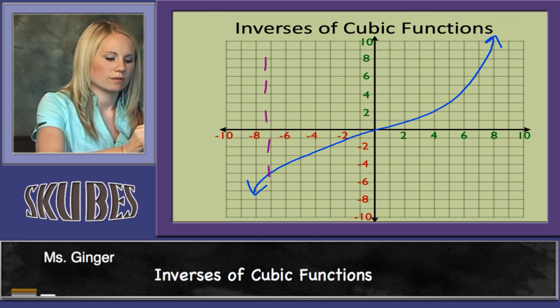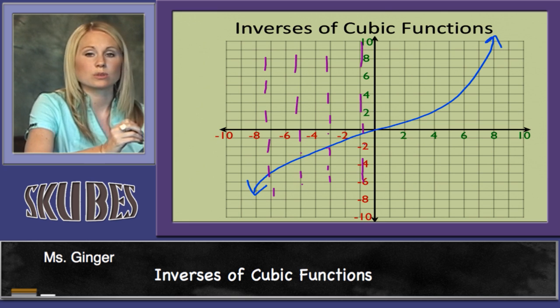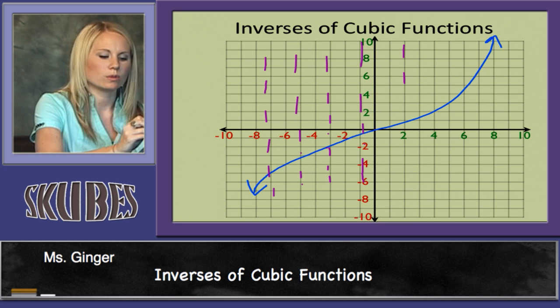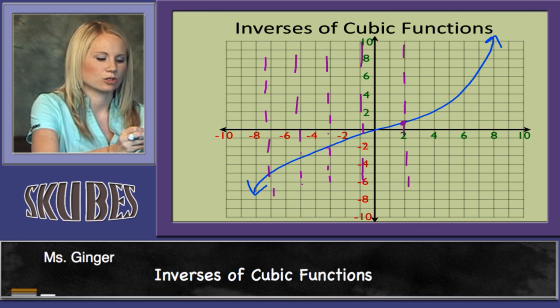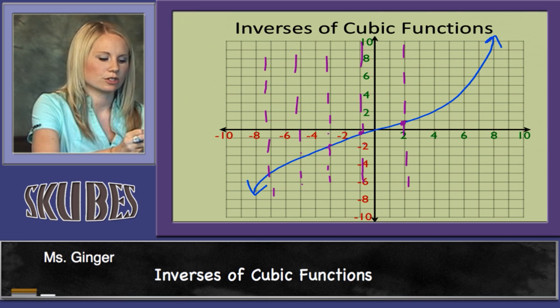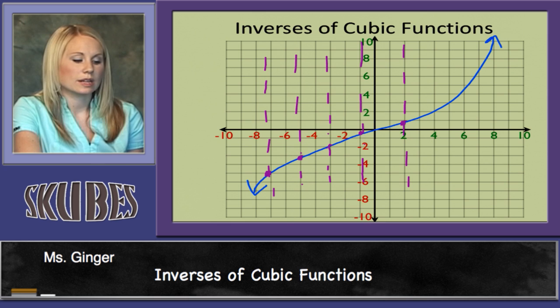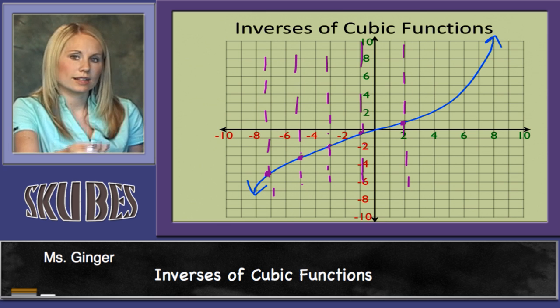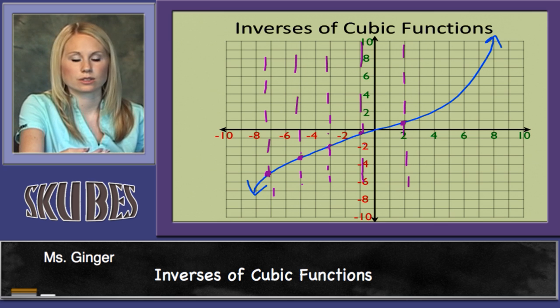So if you can draw vertical lines anywhere through your picture, you have to be able to do it anywhere through the picture, and only hit one location on each of those lines that you're drawing on your function, then that means that what you're looking at is a function. That's because your x value location only has one y location.